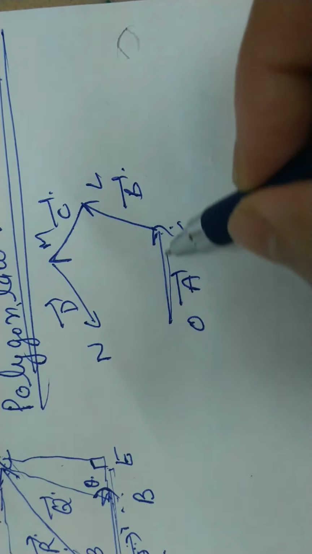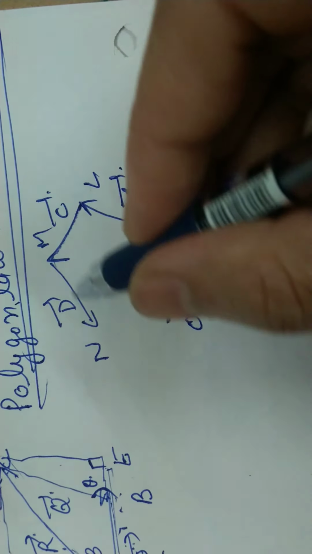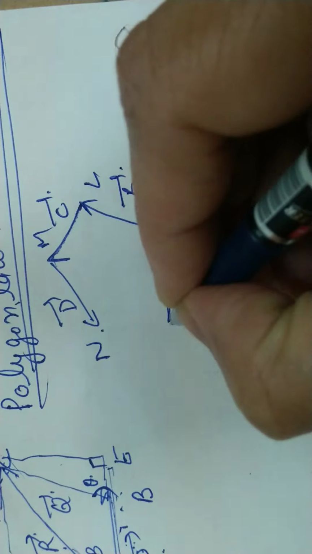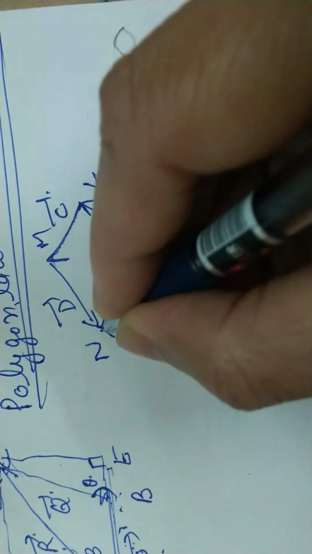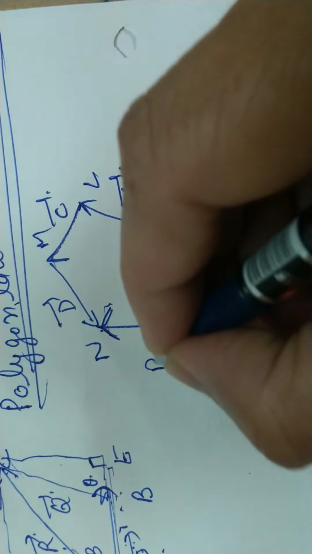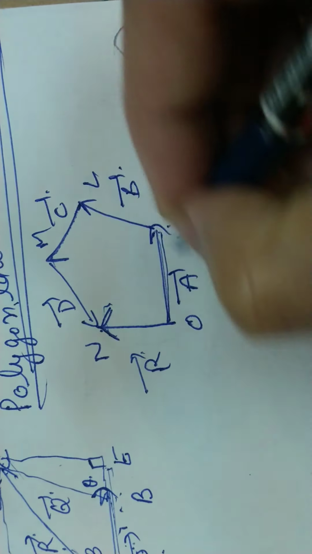These are the sides of the polygon in the same order. Then the closing side of the polygon in the opposite order is the resultant of all these vectors.